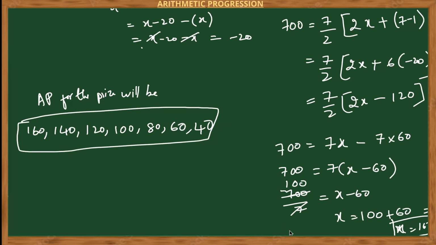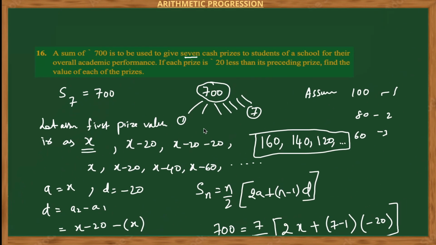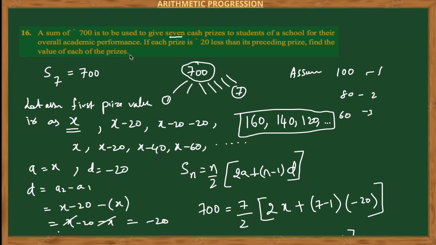Hope this is clear, students. So let's look at it once again. The question: does it make sense? Let's try to retrieve the value by correlating. A sum of 700 is to be used to give 7 cash prizes. So totally we have 700 rupees, and that has to be distributed among the 7 students. You have the sum of the amount, and the number is 7.